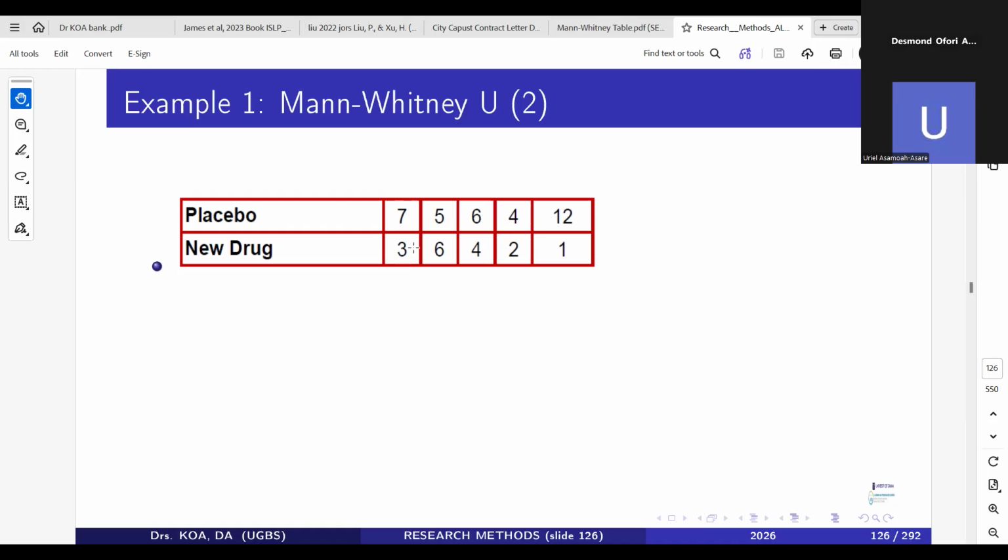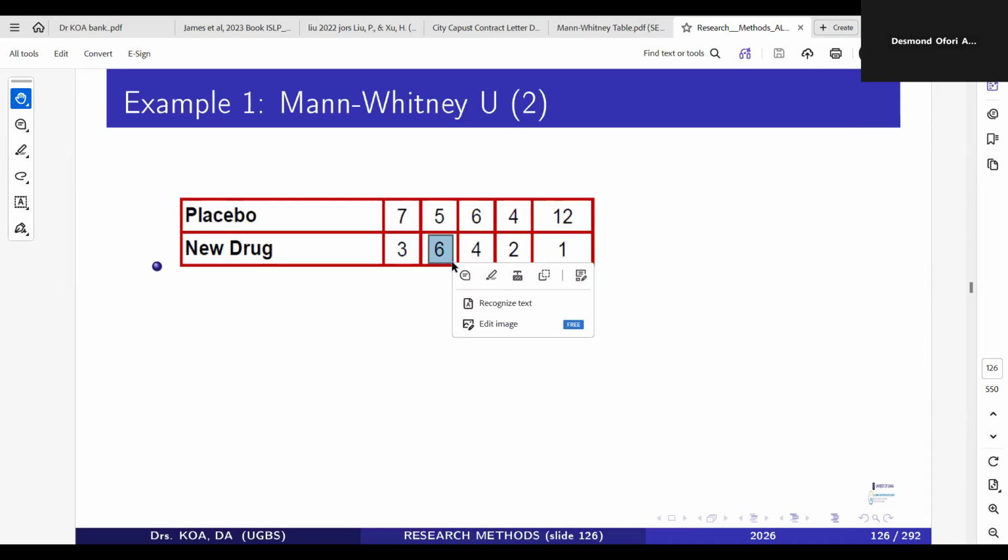The second person who took the placebo had 5 episodes. And the second person who took the new drug had 6 episodes. And it goes on and on. Now, when you look at the last person who took the placebo, he had 12 episodes. But the last person who took the new drug had 1 episode.